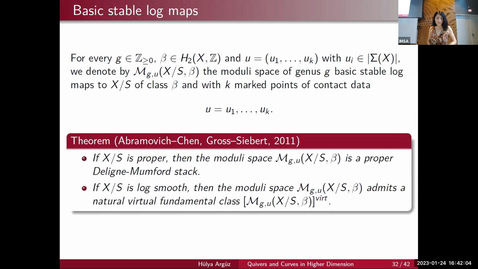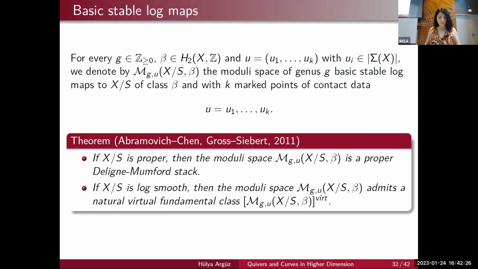And in this situation, they show nice properties of this moduli space, and they describe a virtual fundamental class, which could define log Gromov-Witten invariants. So to do that, they fix a genus g, a homology class beta, and the data of a tuple of contact orders.